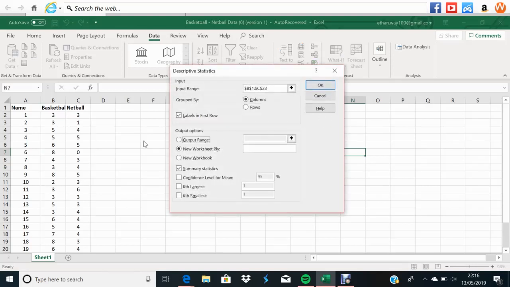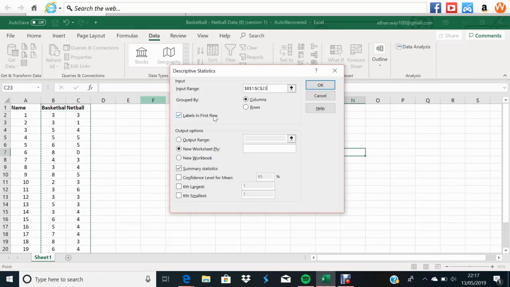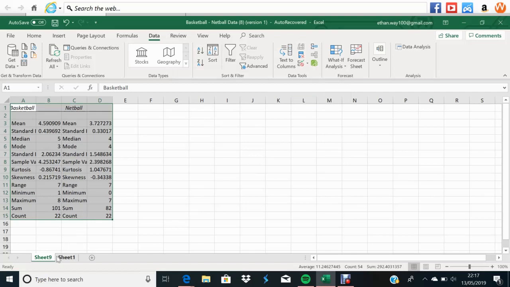Our input range is going to be all of this data. I want to include the labels, and I want summary statistics. It's okay. Get this, which we shall rename to descriptive statistics.